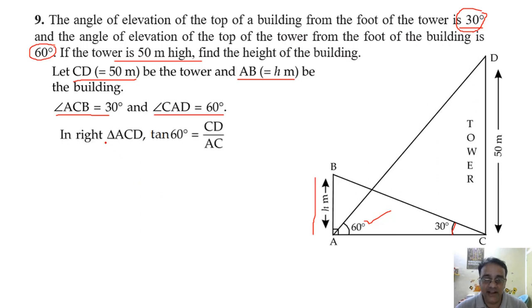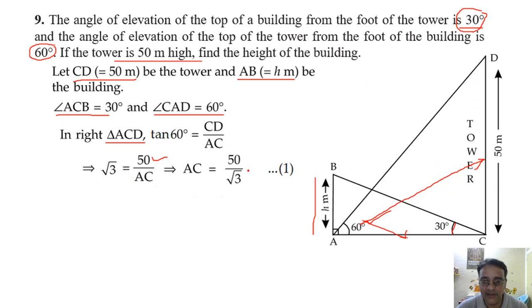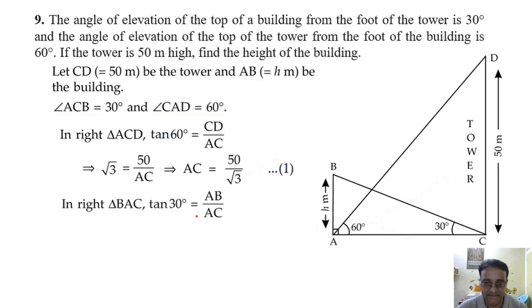So in triangle ACD, tan 60 degree is equal to opposite side, so O by A, that is CD by AC. CD is 50 meter, so we'll get AC is equal to 50 upon root 3. Let it be equation number 1. Now we are going to take the second triangle, that is ABC.